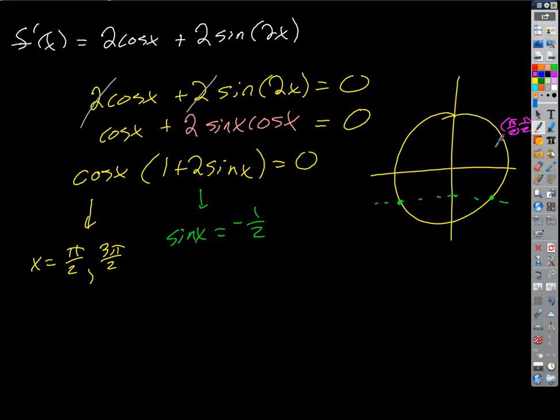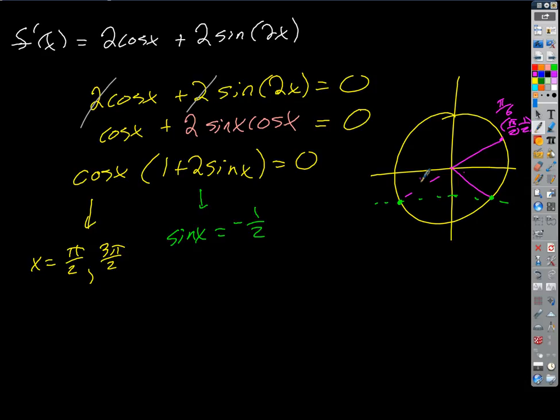And that's going to be the angle pi over 6, right? So if that's pi over 6, then so is that right there, and so is that right there. So what's that whole angle? That's pi over 6. It's good, 7/6 pi. We're going to go pi plus 1/6 pi, right?